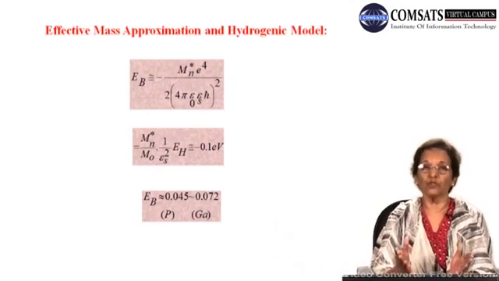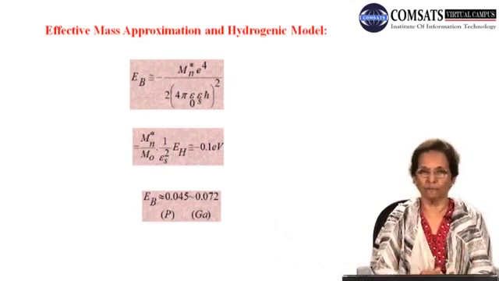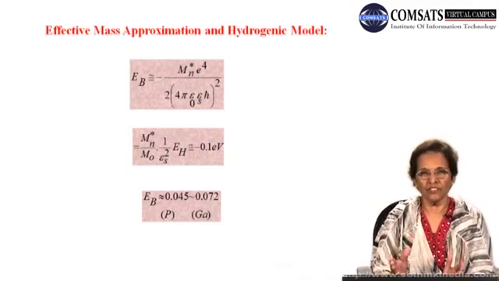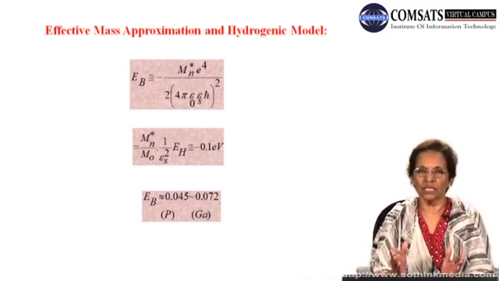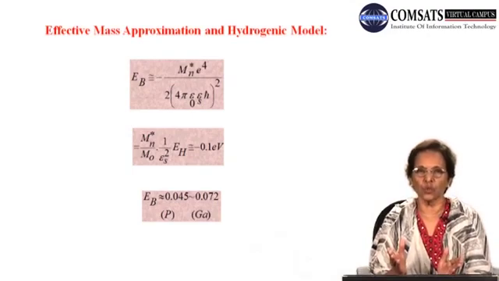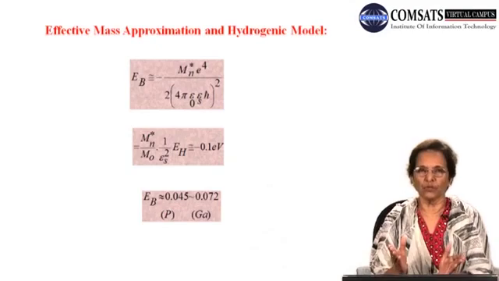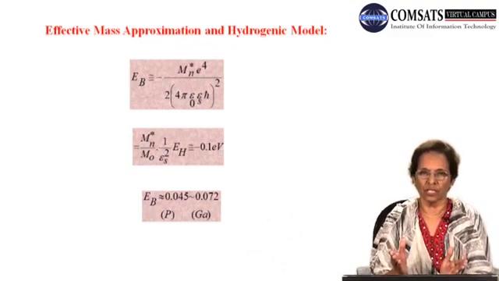This is something to appreciate: the energy the electron requires to break its bond, that is to make the electron free and imagine it residing in the conduction band of a silicon crystal, is so low as compared to the electron energy in the isolated hydrogen atom.